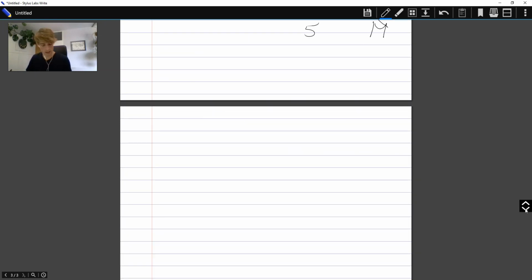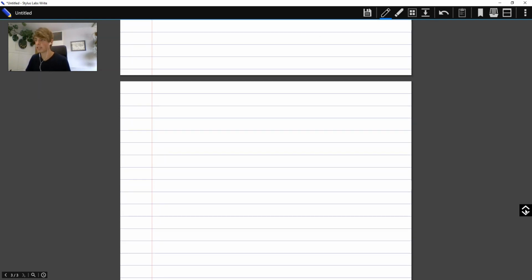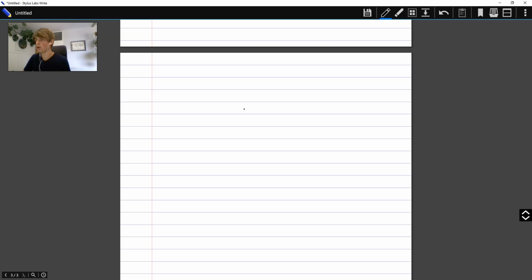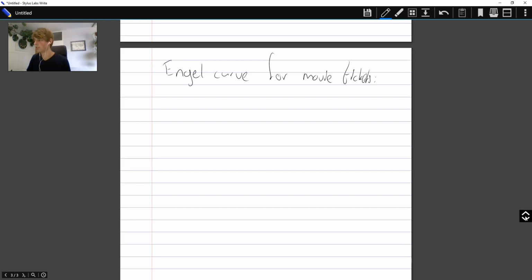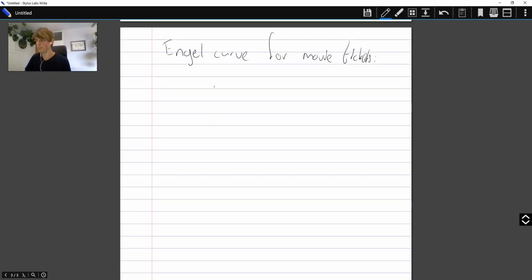Okay, moving on. Then we're also asked in this exercise to draw the Engel curve for movie tickets. The Engel curve for movie tickets is drawn in the ym plane.